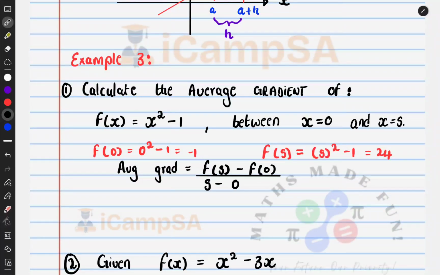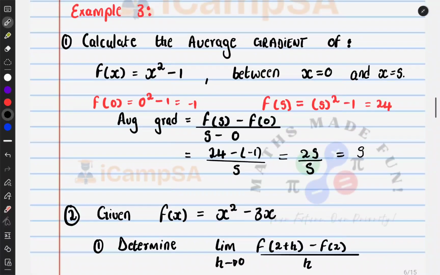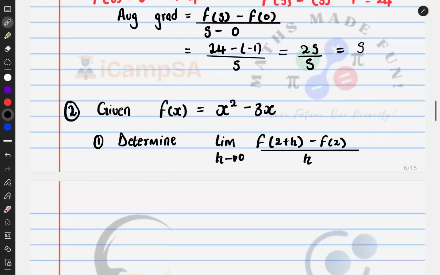Yes, 5 minus 0, those are the x values that were given here. So f at 5 is 24, minus -1, which is 25, over 5. Since 24 minus -1 would be 24 plus 1, this would be equal to 5. That will be the average gradient between those 2 points for the function that we were given.